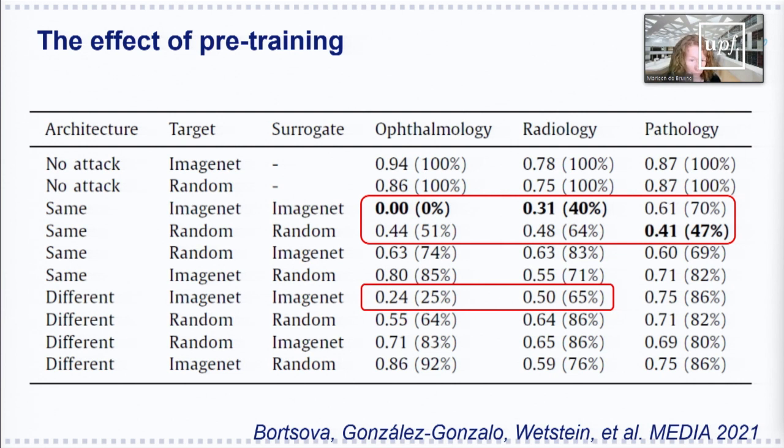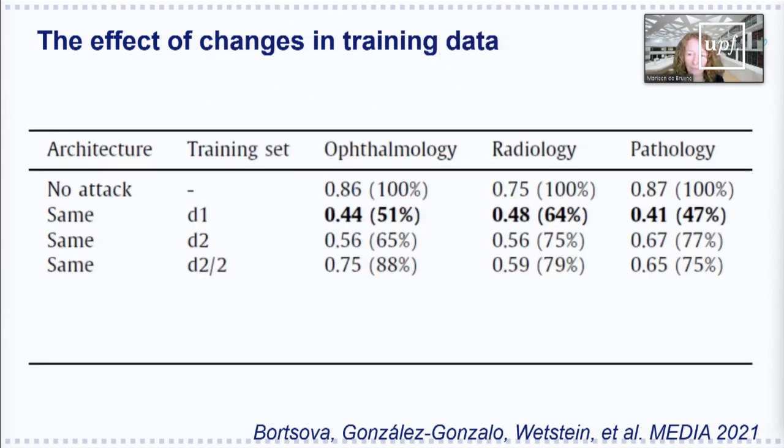But here on the bottom two rows, you see the models where the architectures of the model that is attacked and the surrogate model are slightly different, and also the initializations are different. Then model performance, still maybe not exactly the same as before, but gets better. And it was important to note that these are still models that are trained on the exact same training data.